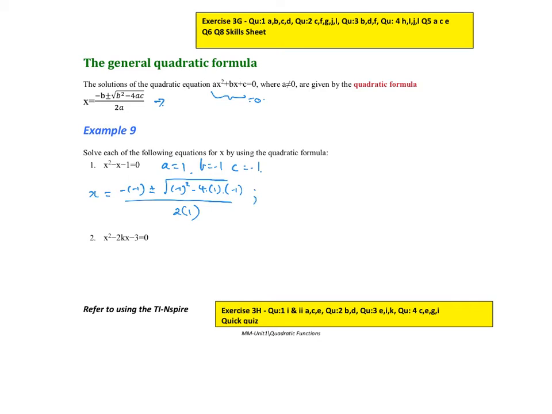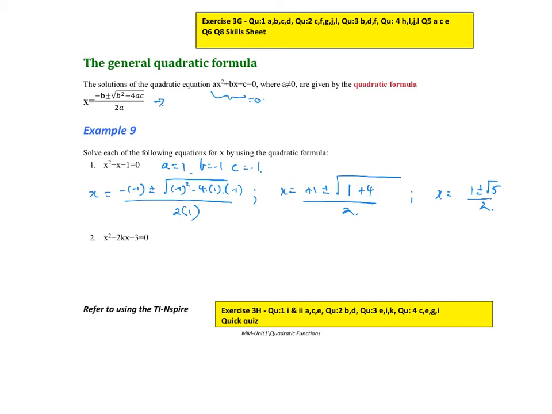Okay, put brackets around everything just to help with keeping signs straight. So it's a positive 1 plus or minus the square root of 1, 2 negatives there, so that's a plus 4, over 2. So x is equal to 1 plus or minus the square root of 5 on 2. Not a real lot of simplification there that can take place, so they're my solutions.